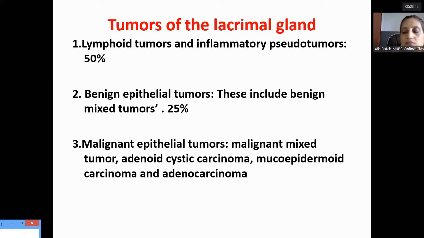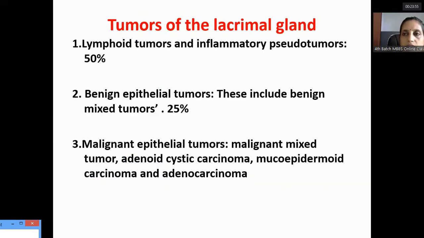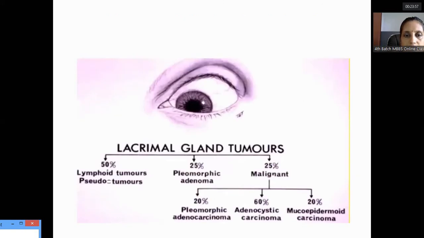So these are the different tumors of the lacrimal gland. Swelling of the lacrimal gland can be inflammatory, can be associated with cystic swelling, can be associated with systemic disease, or can be associated with benign and malignant tumors. So we summarize the tumors like this: 50%, 25%, and 25%.